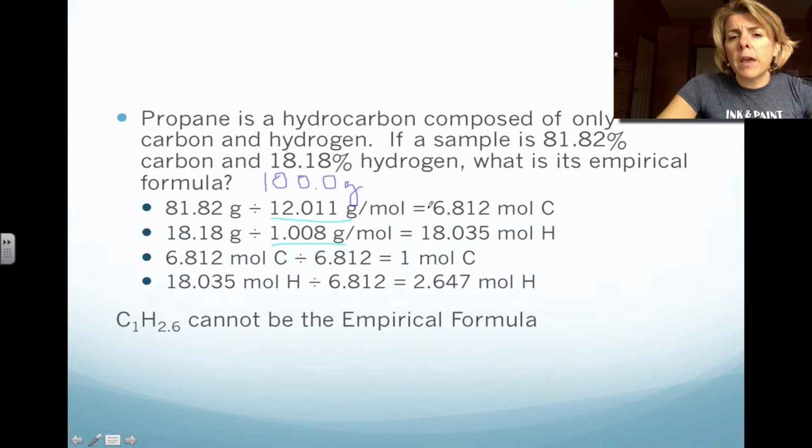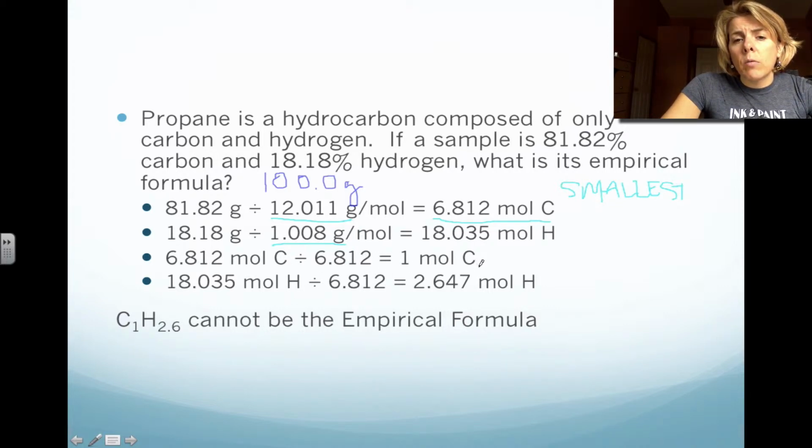Now, once you've done that, this is key, you're going to look for the smallest number. So you're looking for the smallest number of moles. When you do that, you're essentially going to take each mole and divide it by the smallest number to give you a ratio. Now, this is where it gets a little tricky.